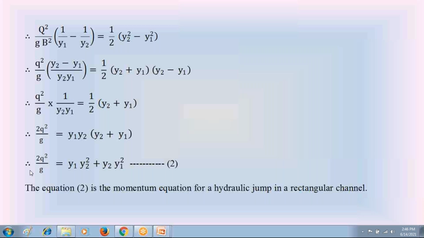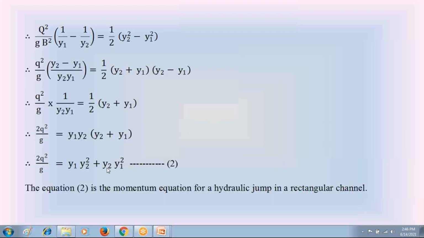So if I consider this y1 square, take this y2 as a, take this y2 square as b, take this 2q square by z as c. So please listen everyone. Take this y1 square as x square.